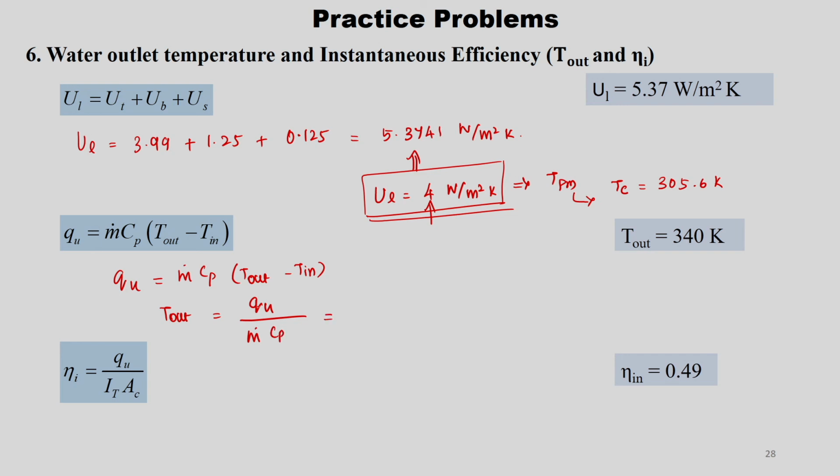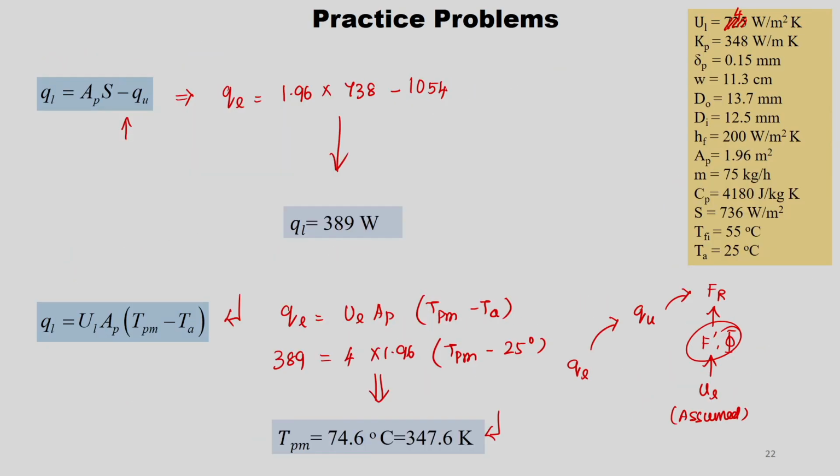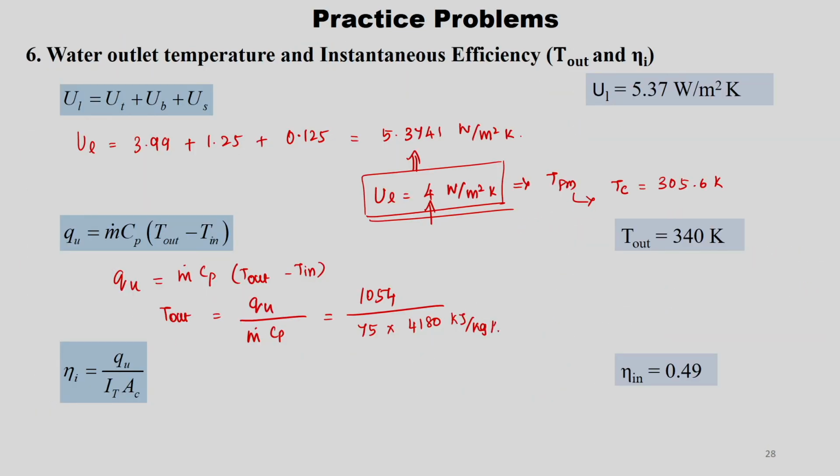So, what is QU? 1054 watt, mass flow rate is 75 kg per hour and Cp is 4180 joules per kg Kelvin. So, here we were given Cp in joules per kg Kelvin, and this is Cp, mass is 75 kg per hour, right. So, this is in watts.